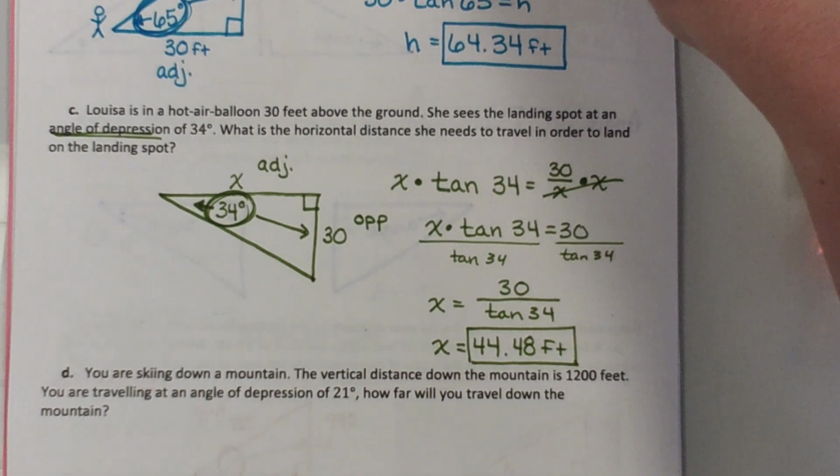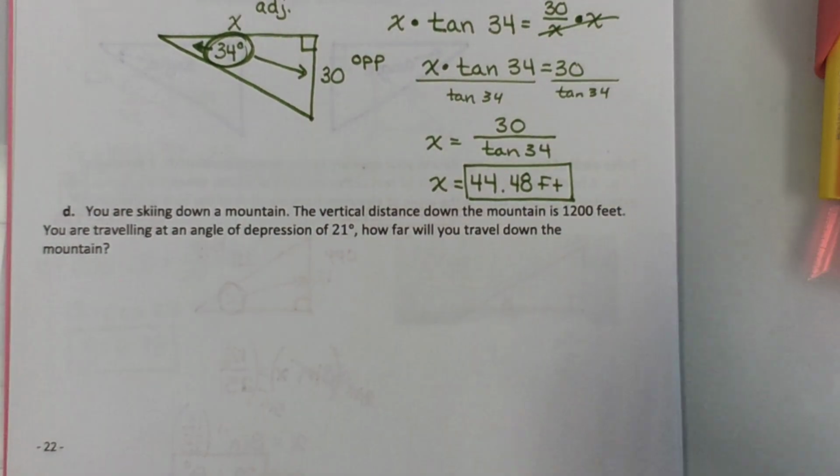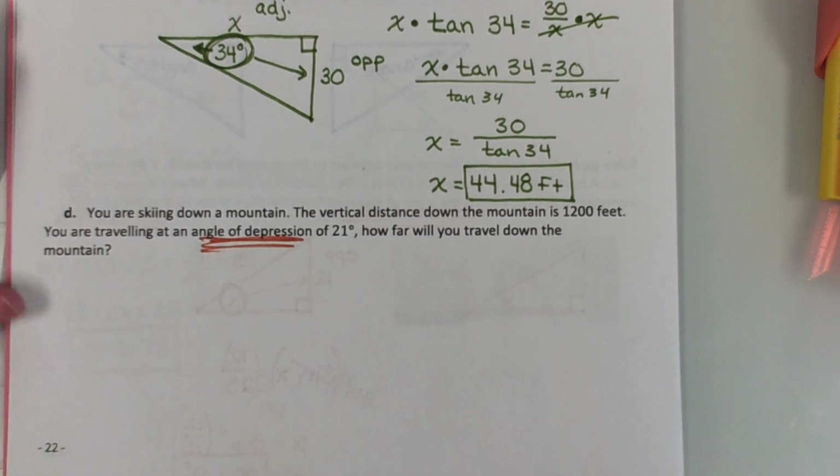Okay. As we continue to move forward, I won't necessarily solve all of them. Okay, you are skiing down a mountain. The vertical distance down the mountain is 1,200 feet. You are traveling at an angle of depression, keyword, of 21 degrees. How far do you travel down the mountain?